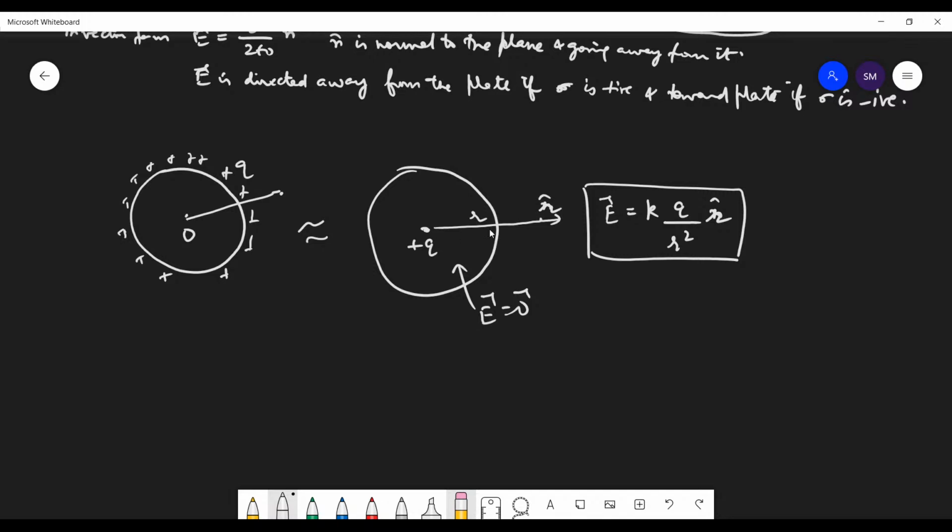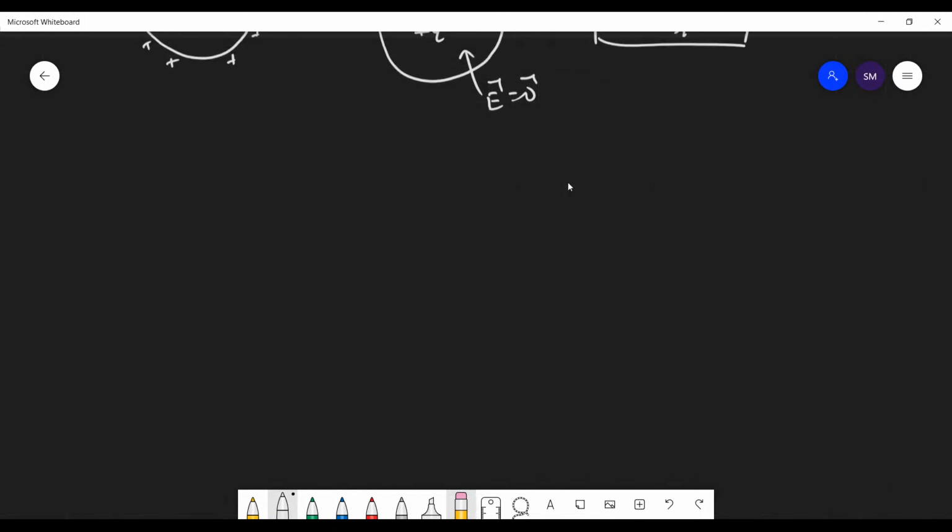Let us do some important NCERT questions. The first question in your book. Question number 1.